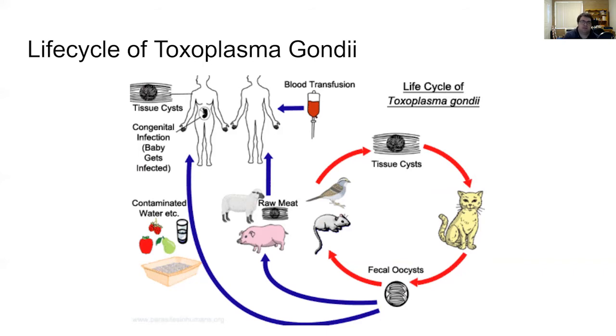But one of the things that's actually really fascinating about this whole cycle is that it's possible for the cysts that are formed as part of the reproductive cycle of toxo to end up in humans through contaminated meat or contaminated water.